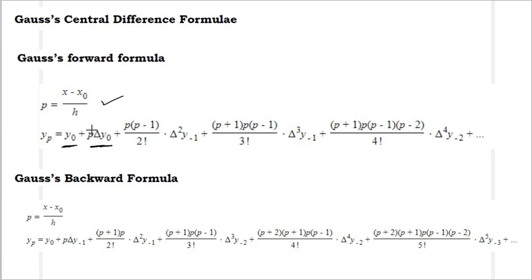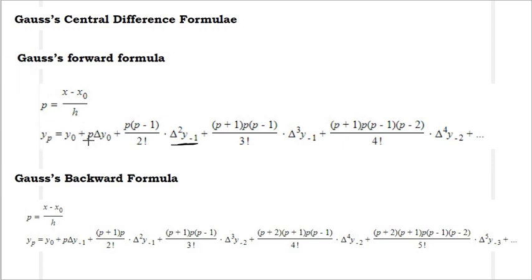The next one is the coefficient of delta square of y minus 1, and the coefficient is p into p minus 1 by 2 only, two factors only. Whereas in Newton's forward interpolation formula, the next term has p minus 2. But here we take one term on the other side, that is p plus 1.